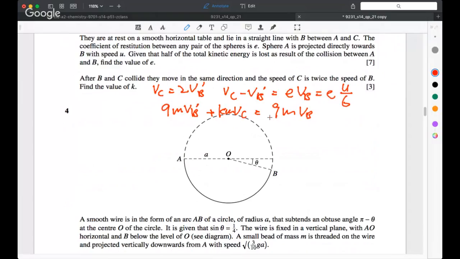And that will lead you to the equation that 9Vb dash plus 2kVb dash is equal to 13.5 Vb dash. So K is equal to 9/4.